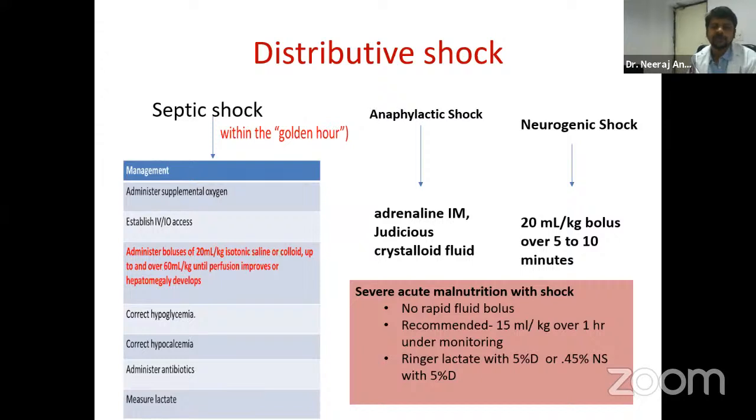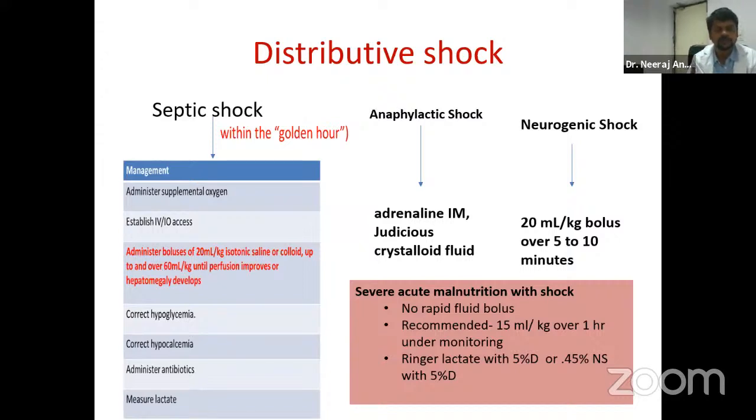So up to 60 ml per kg of fluid could be given in a patient of septic shock, or until the perfusion improves, or the patient has signs and symptoms suggestive of fluid overload, such as hepatomegaly, raised JVP, or bilateral pedal edema.